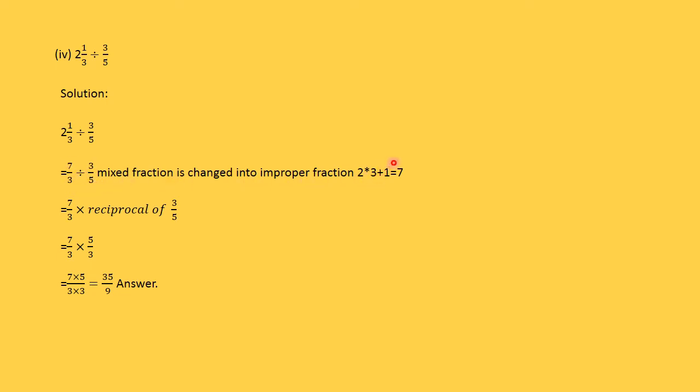Now we change the divided by symbol into multiplication by writing the reciprocal of 3 upon 5. The reciprocal of 3 upon 5 is 5 upon 3, reversing numerator and denominator. So 7 by 3 into 5 upon 3. Numerator into numerator, denominator into denominator. 7 5s are 35, 3 3s are 9.